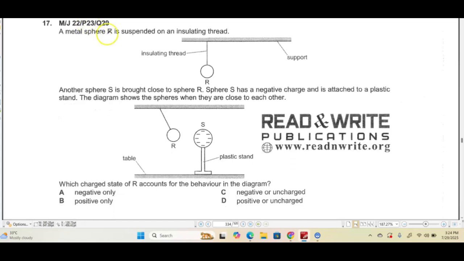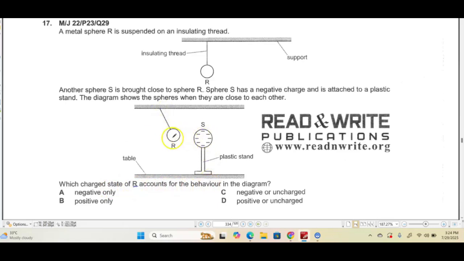So question number 17. A metal sphere R is suspended from an insulating thread. Another sphere S is brought close to sphere R. Sphere S has a negative charge and is attached to a plastic stand. The diagram shows the spheres when they are close to each other. Which charge state of R accounts for the behavior in the diagram?